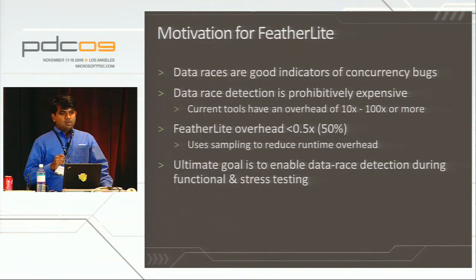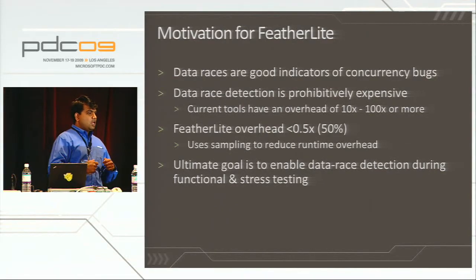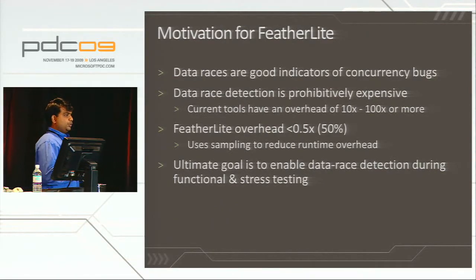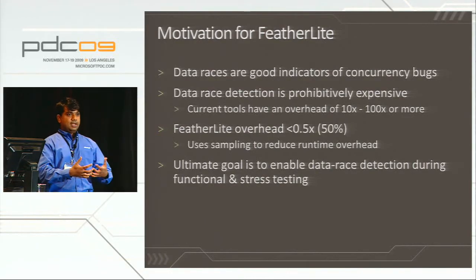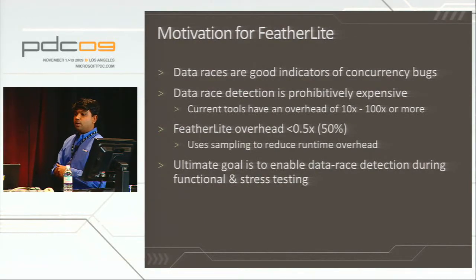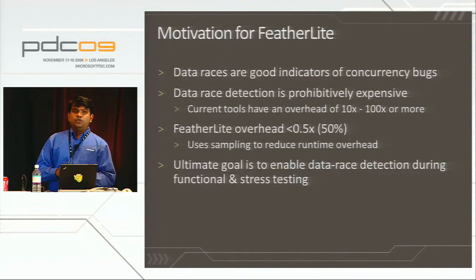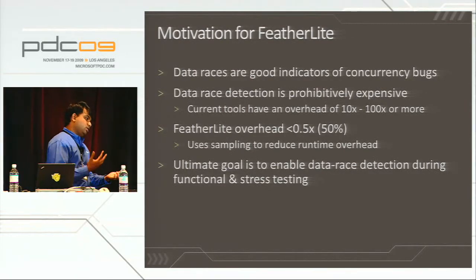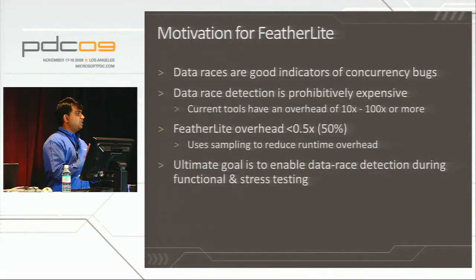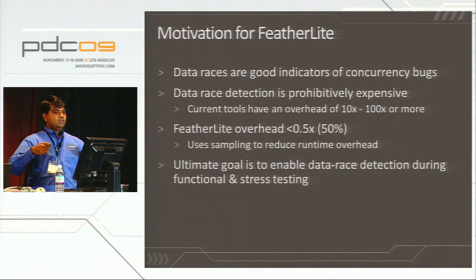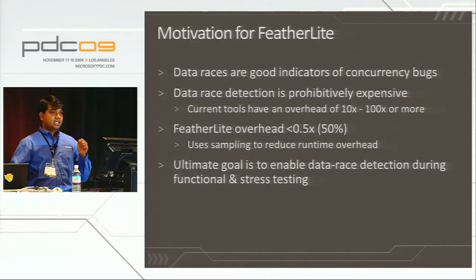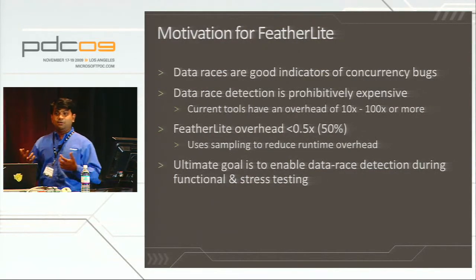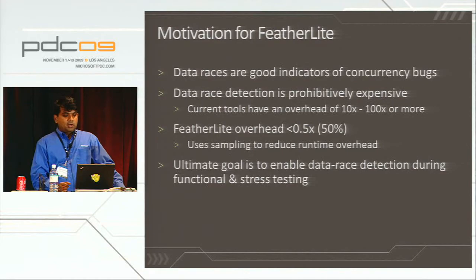The problem is that data race detection tools exist, but they add a lot of overhead. Many people don't use them because once you slow down your program, your tests start breaking. I expected this thing to finish within 10 seconds, now you run your data race detector, it takes 100 seconds, and so your test failed for the wrong reasons.